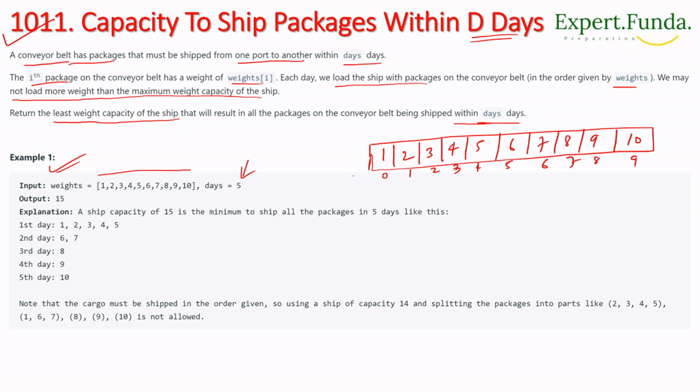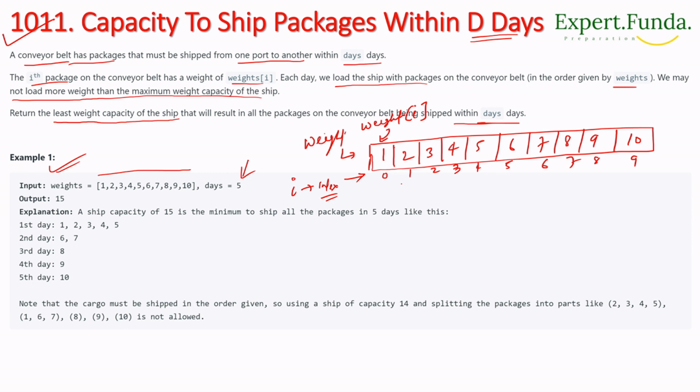These are indexes, and these are the array elements. This is the weights array, and this is weight at i, where i ranges from 0 to 9. So I think you understood this one.